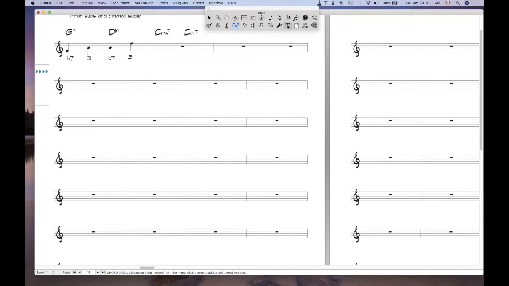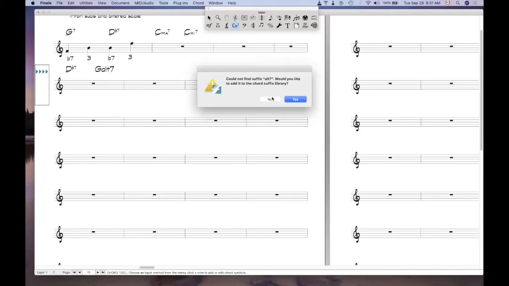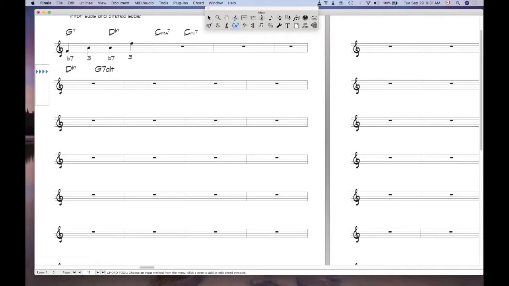First, once I'm thinking about the D flat 7 in the context of the key of C, I'll be talking also about the G7 altered. Both have the same scale. Both are built over the melodic minor sound of A flat minor.